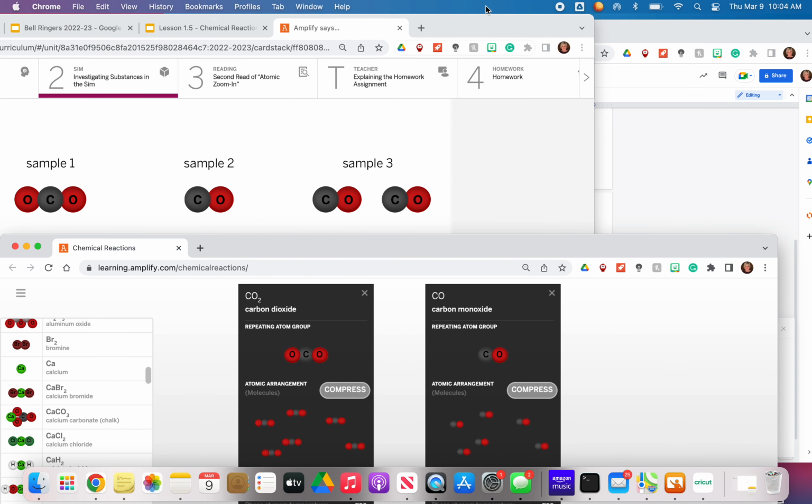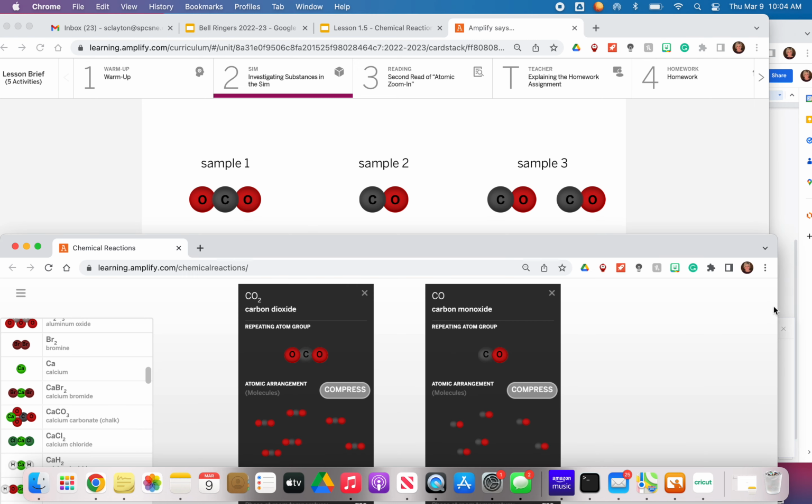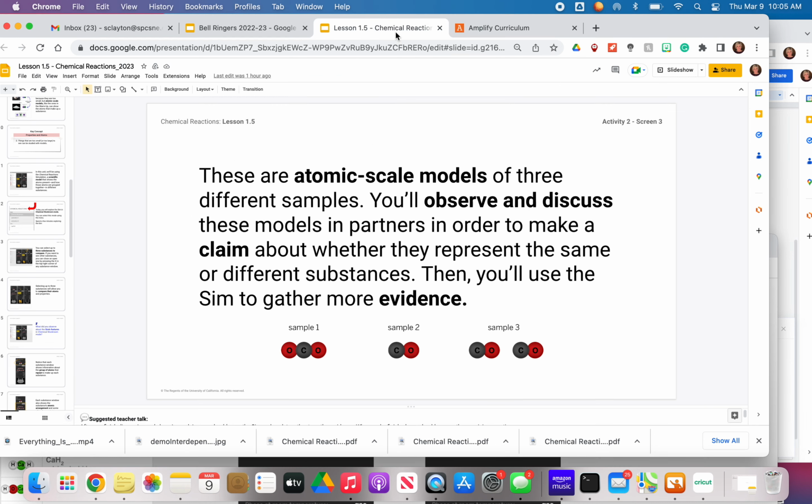I'm going to put these underneath it so you guys can see, kind of do a good compare and contrast. So sample number 1 is carbon dioxide. Sample number 2 is carbon monoxide. Sample number 3, okay, see this big space in between the 2 repeating groups of atoms? That means that there are 2 molecules of that substance. So that means sample number 2 and sample number 3 are actually the same thing.